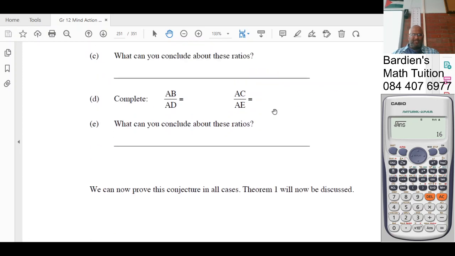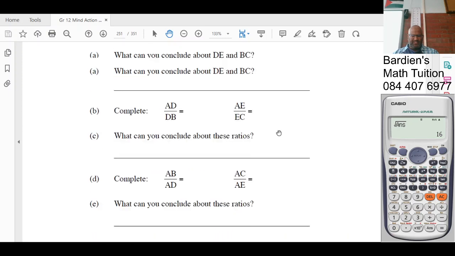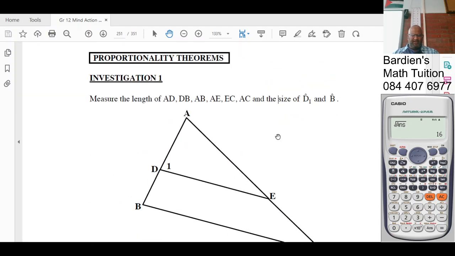For homework, I want you guys to do the investigation. It's on page 246, labeled investigation 1. Normally I spend time and do it in class, but because we spent a lot of time on sequence and series this year, normally I don't spend so long on sequence and series.